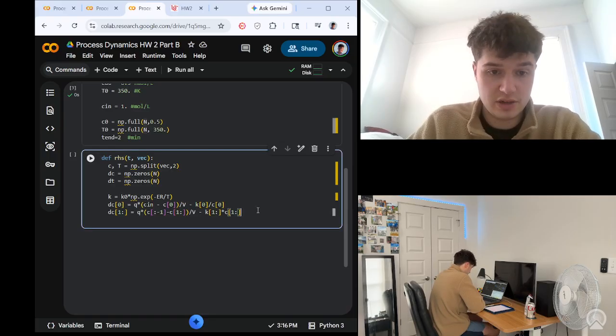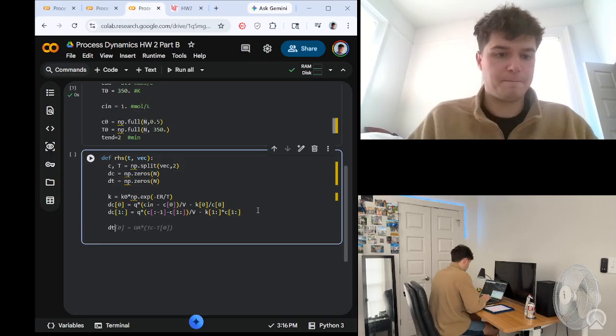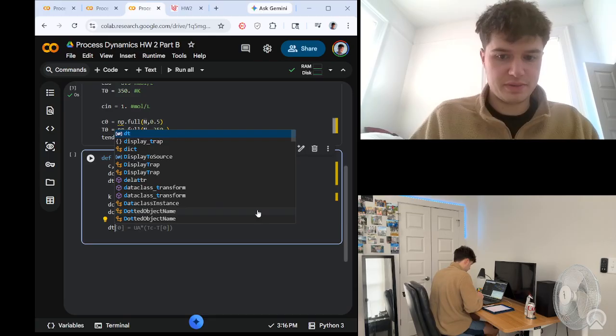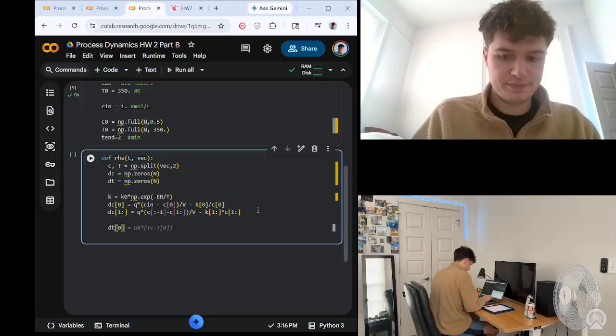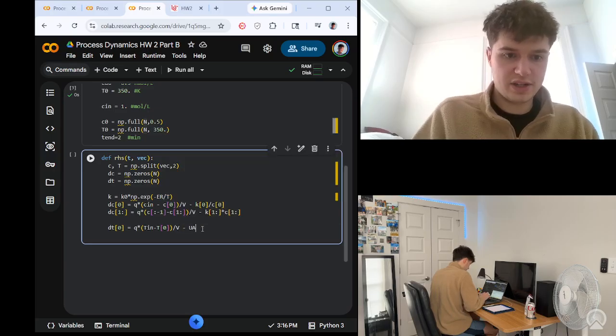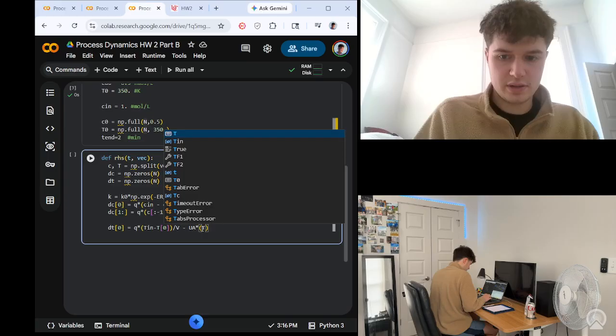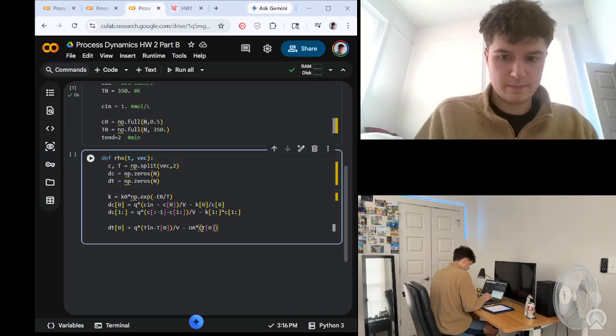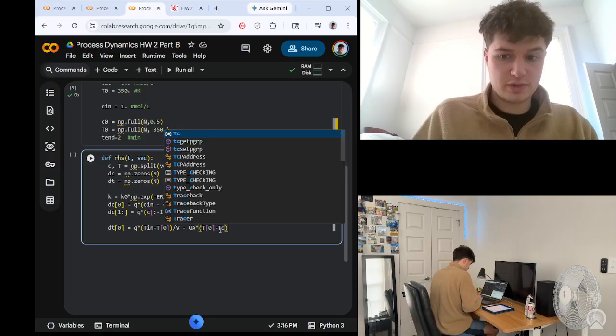Now we need to do the same thing, but for our time. And so for this, dT0 is going to be equal to, again, our flow rate times our temperature at n minus our temperature at 0. This will be divided by our volume, and then UA, multiplied by our temperature at 0, minus our temperature of cooling.